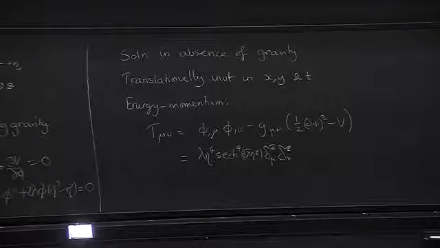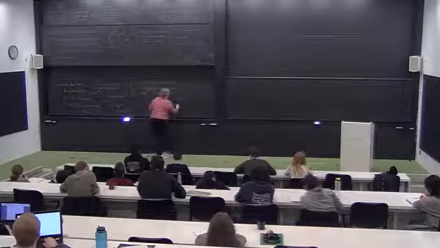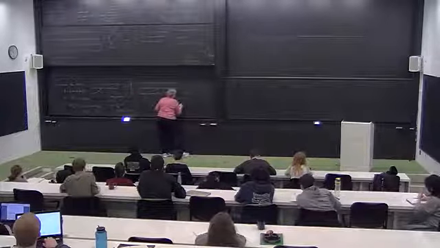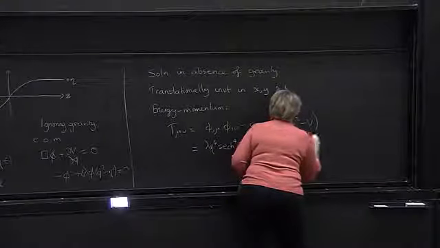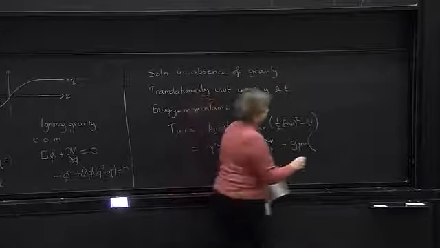So my v is actually the same as a half d phi squared.